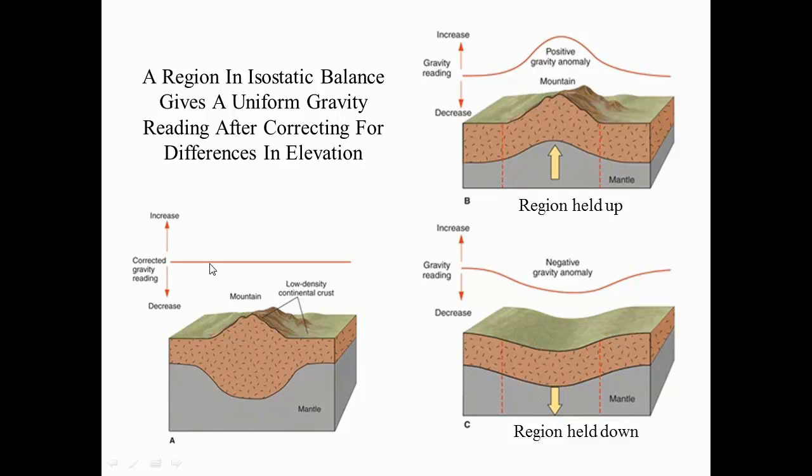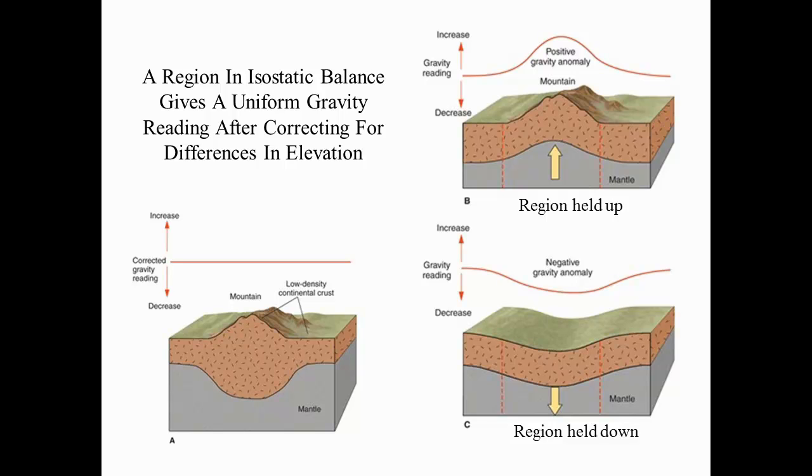But if we take a gravity reading above the mountain and correct for differences in elevation, we get a flat gravity reading if the region is in isostatic balance, which simply means that the balance between the mantle and the crust has been adjusted to be in equilibrium with one another. And that's about all I'm going to say about isostatic balance.